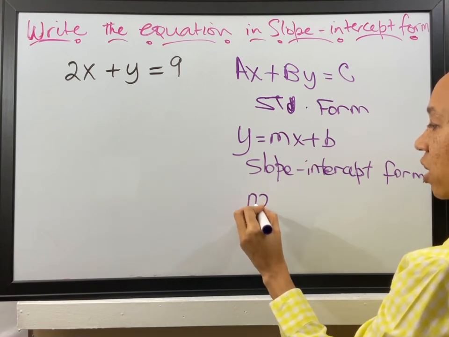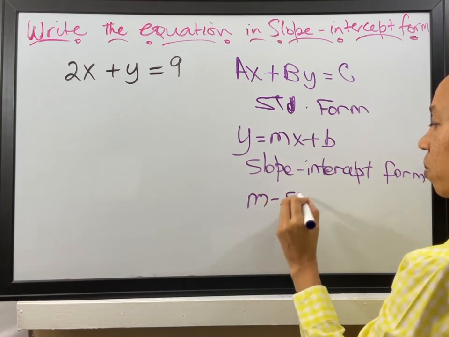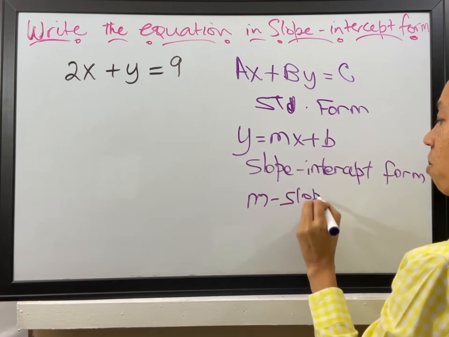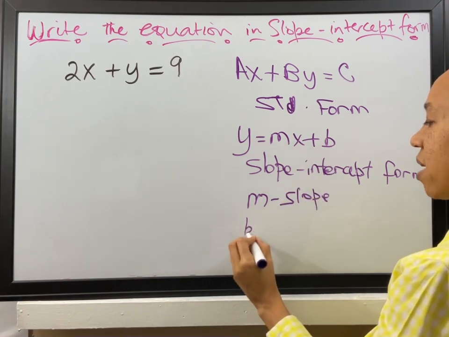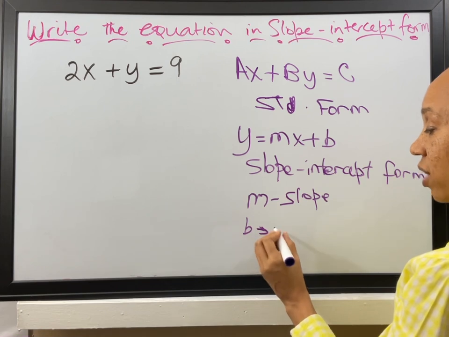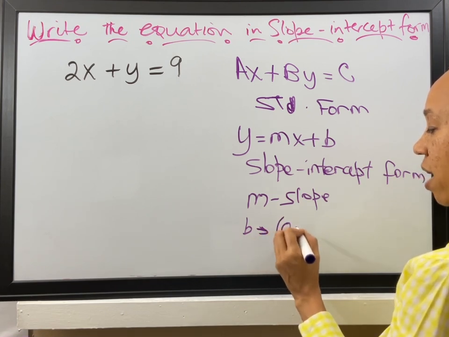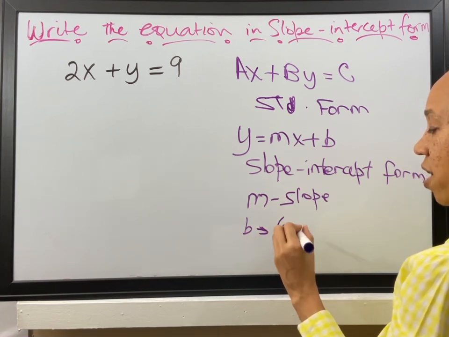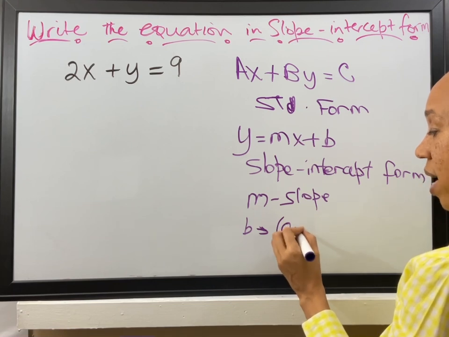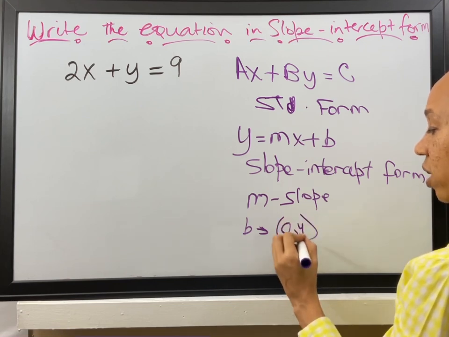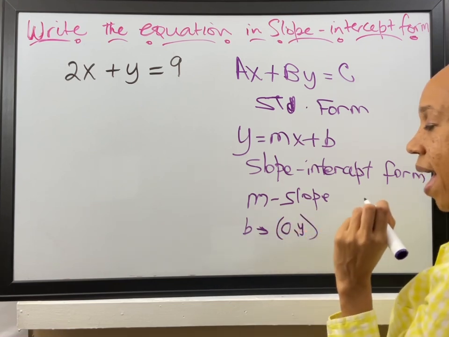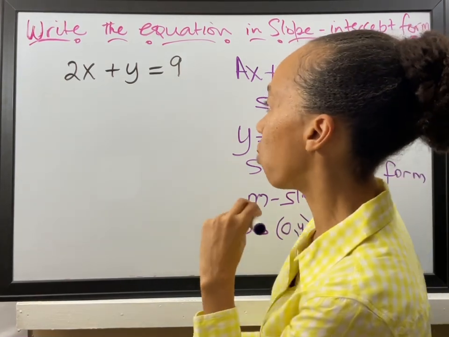So your m is your slope. And b, even though the b is the y-intercept, it usually can be written as a coordinate of 0, right? Your x value is always 0, and whatever your y value is where it crosses your y-axis, okay? So that's what you need to know.